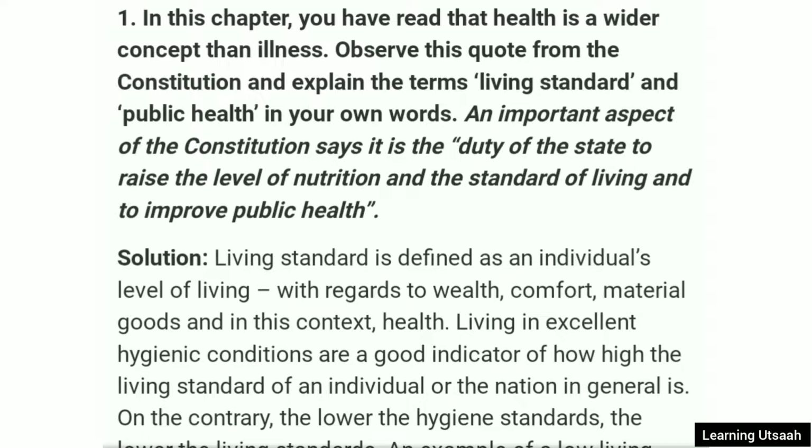Solution. Living standard is defined as an individual's level of living with regard to wealth, comfort, material goods, and in this context, health. Living in excellent hygienic conditions is a good indicator of a high living standard of an individual or the nation in general.